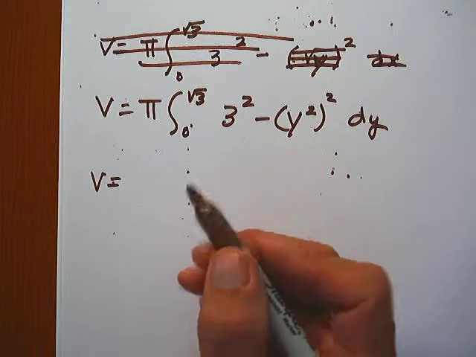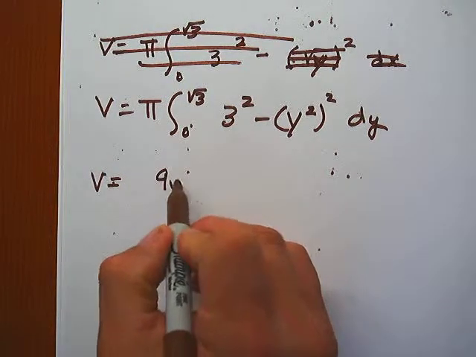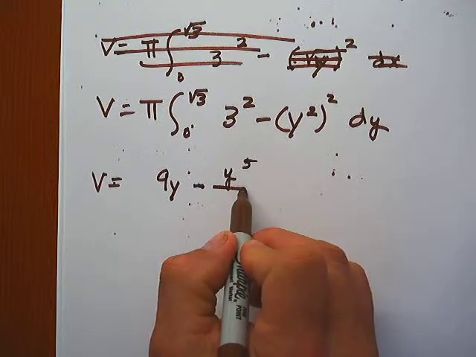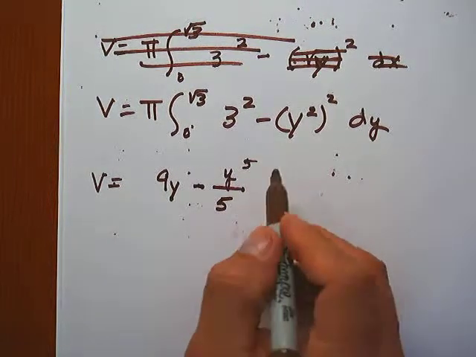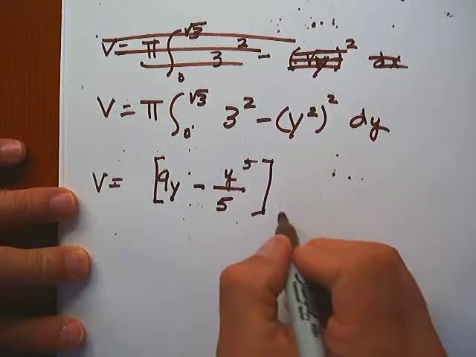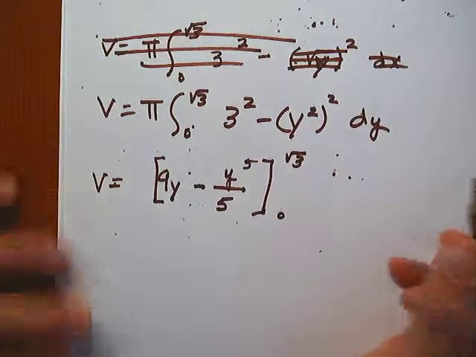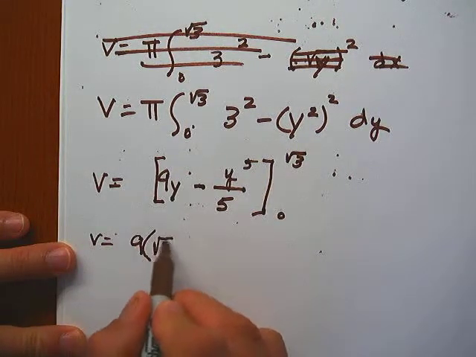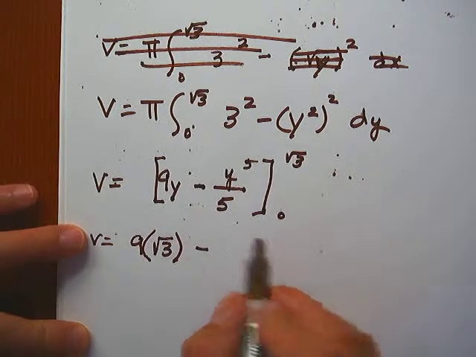So that's going to give us, and I'm going to skip a couple of steps here, 9y minus y to the 5th over 5, evaluated at 0 and square root of 3.